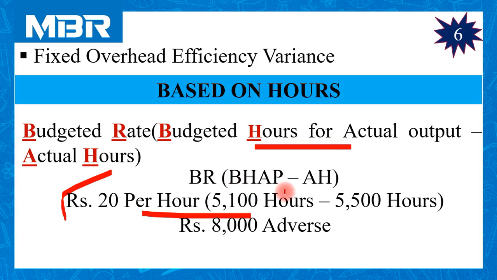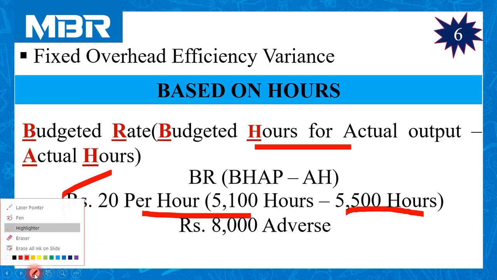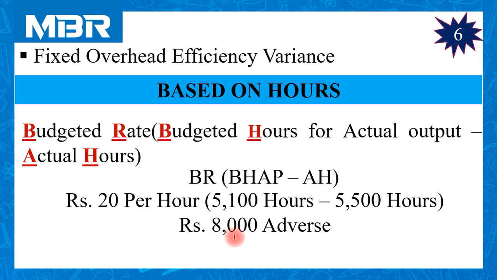Budgeted hours for actual production are 5,100 hours, which we calculated in the beginning of the solution with the help of cross multiplication, minus actual hours 5,500. So 5,100 minus 5,500 results in a difference of 400 multiplied by rupees 20. So the difference is 8,000.